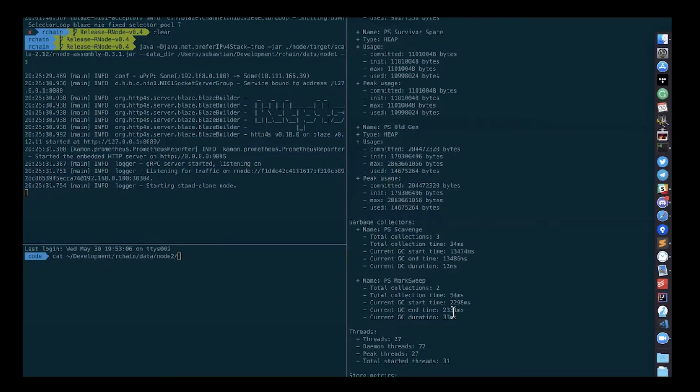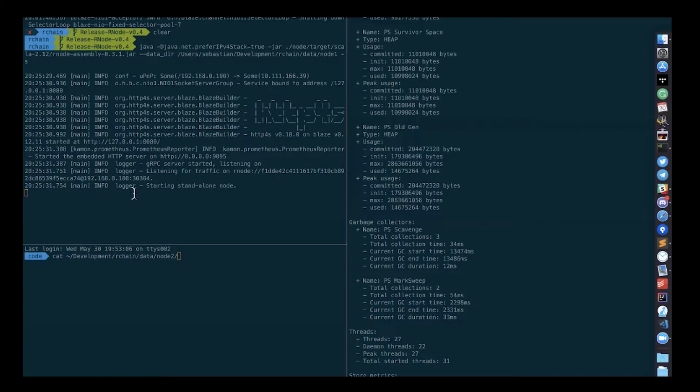The second part I would like to demonstrate is that we moved to a new transport layer, away from UDP to TCP, in combination with gRPC and protobuf.